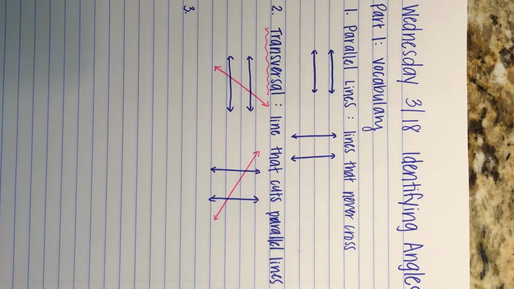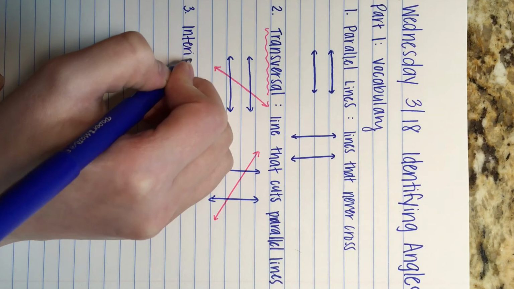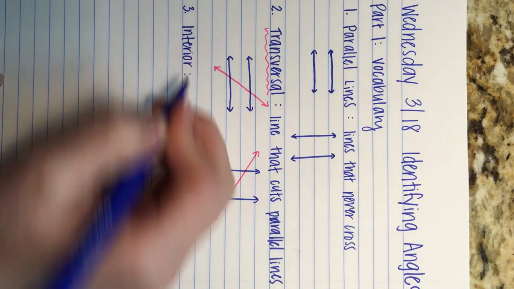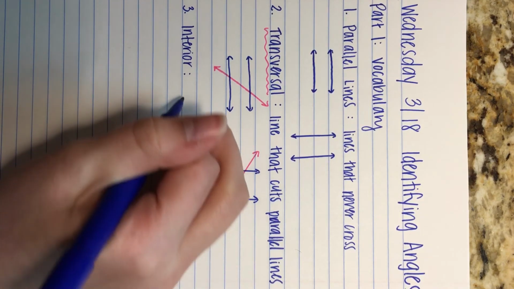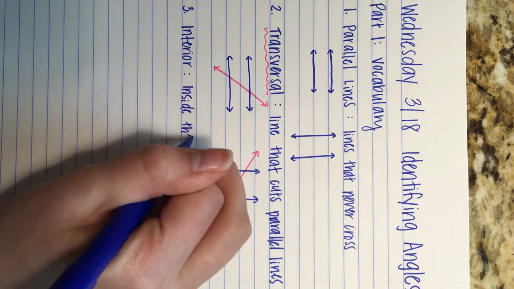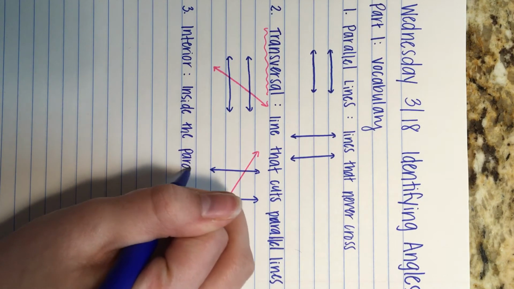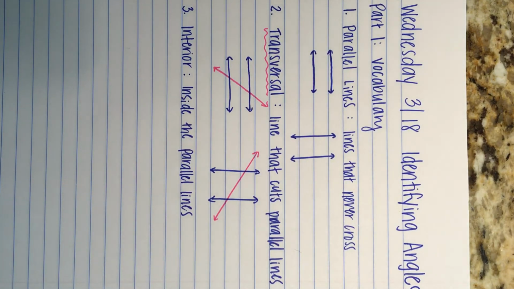Next vocabulary I want to look at here is interior. So if you think about what does an interior designer do? They design the inside of a home. The interior of something is the inside. So interior refers to inside the parallel lines.